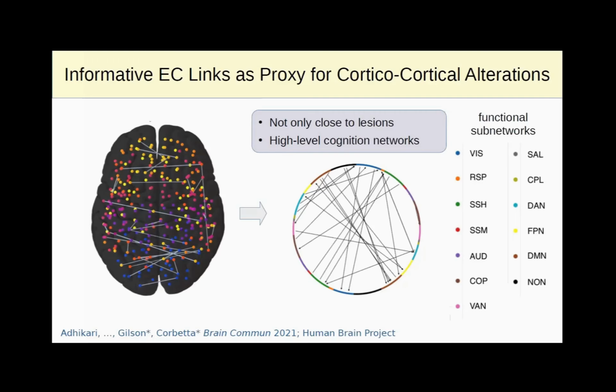So Jaroslav has a question. Do you want to ask it? Hi, thank you. I was wondering, in these informative EC links you have, they're mostly looking symmetric across both hemispheres. You mentioned that they're constrained by the anatomy.